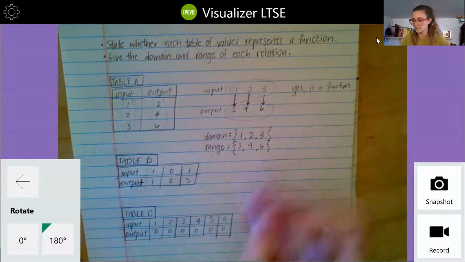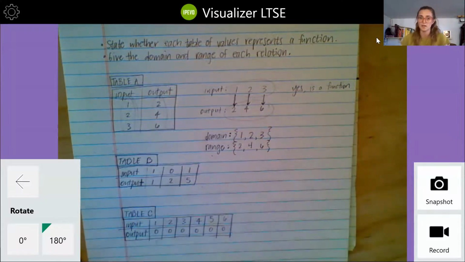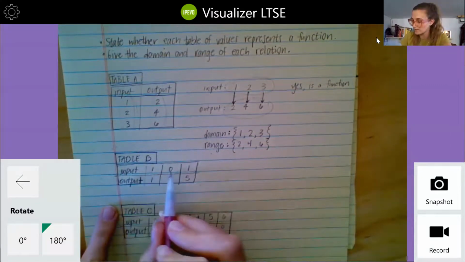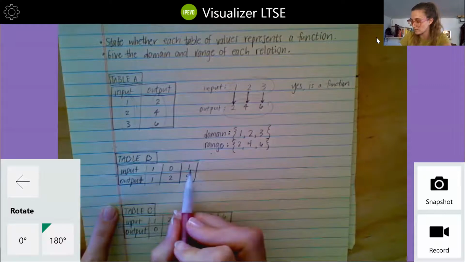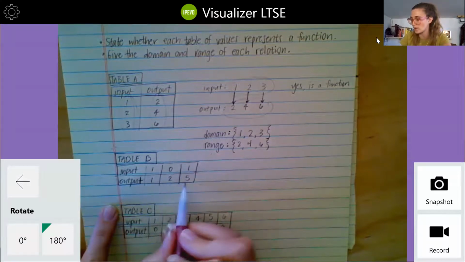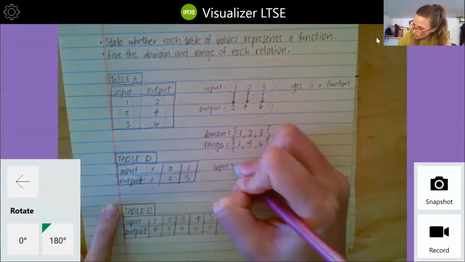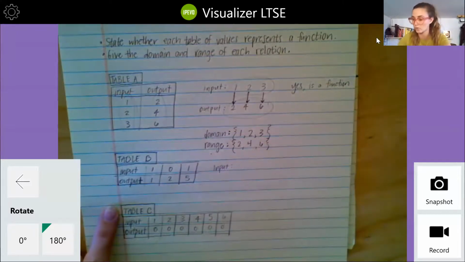All right, let's go on to the next one. So we have table B. Again, I'm going to draw a little diagram for us to see. So my inputs are 1 and 0 and 1, and then my outputs are 1, 2, and 5. So inputs, I'm going to put it in numerical order.